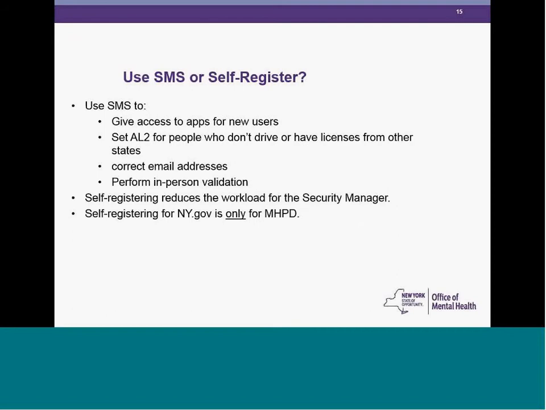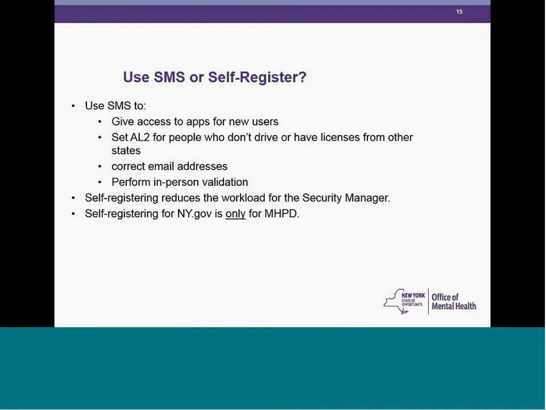So, when would your agency want to use SMS and when to self-register? Your security manager must use SMS to register new users for MHPD, to register people who don't have a New York State driver's license, to correct email addresses, or if your agency decides that in-person validation works best for you.